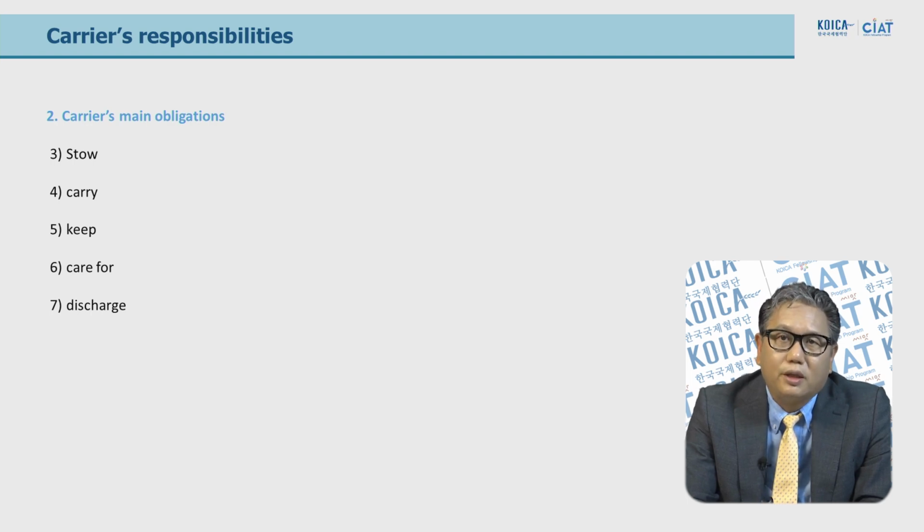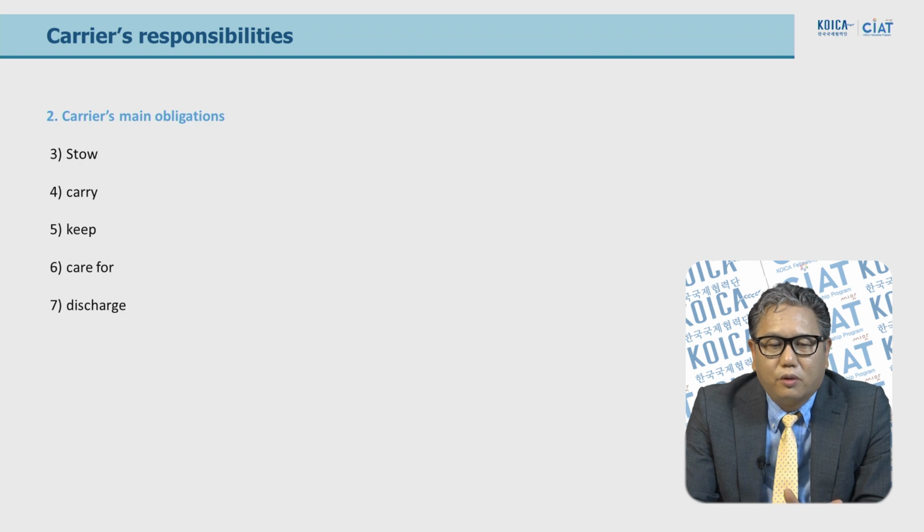It means keeping and managing the goods in a way that suits the nature of the goods. Last is discharging, the act of unloading the goods from the ship. As per the Hague-Visby rules, this is when the carrier's responsibility finishes.